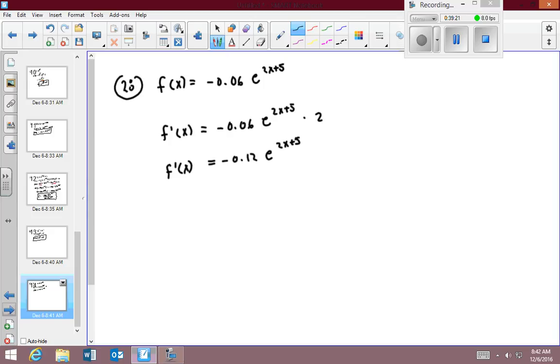And then it says f prime of 3, negative 0.12e to the 2 times 3 plus 5, that's negative 0.12e to the 6 plus 5, which is 11.